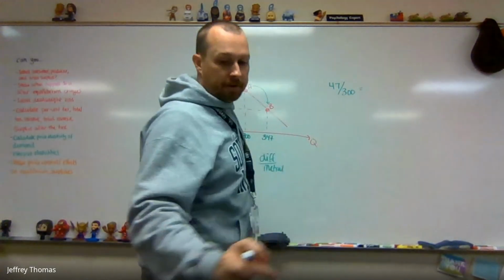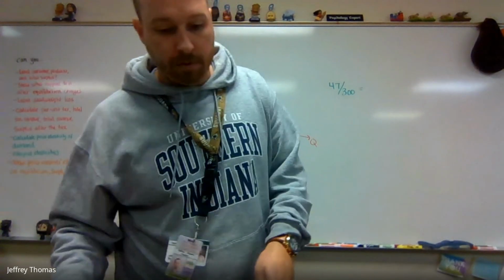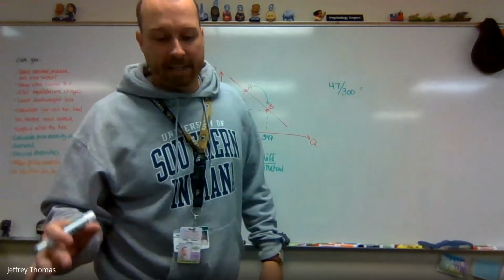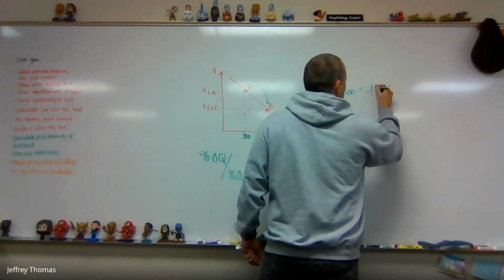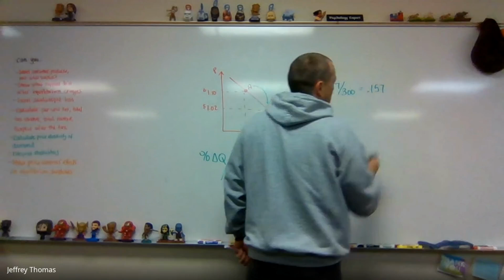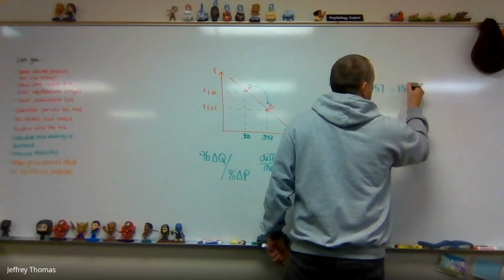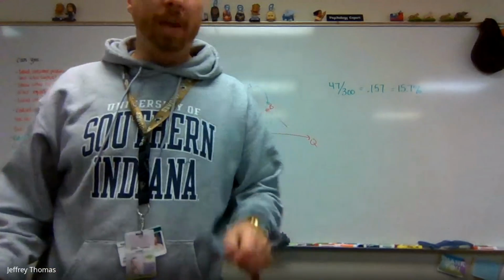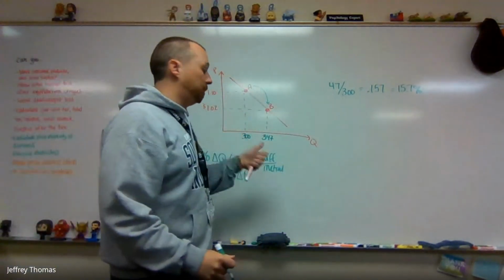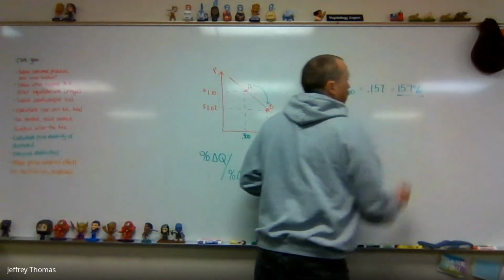So 47 divided by 300 equals 0.156 repeating. Okay, so we're going to say 0.157. We're going to turn that into a percent. That is a 15.7% increase. So quantity went up 15.7%. Okay, so that is our percent change in quantity.